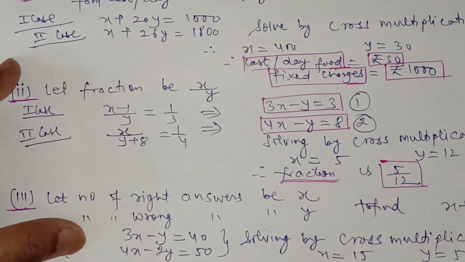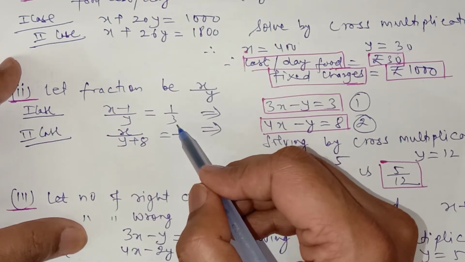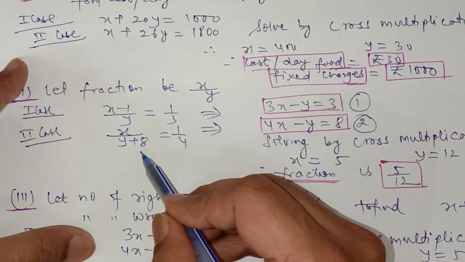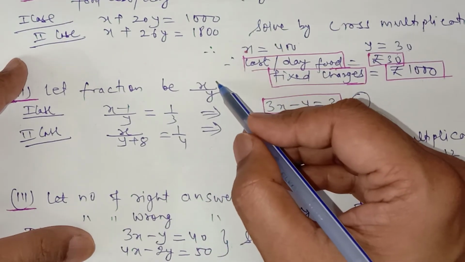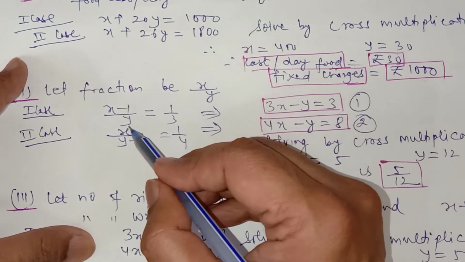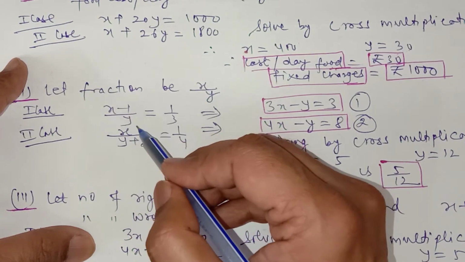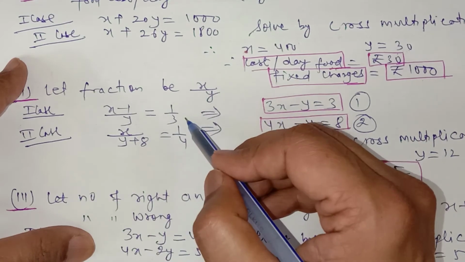Now in the second part of this question, there is a fraction. When we subtract 1 from the numerator, we get the fraction as 1 upon 3. And when we add 8 to the denominator, it comes out to be 1 upon 4. So let the fraction be X upon Y. According to the first case, if we subtract 1 from the numerator, it becomes X minus 1, and we do nothing in the denominator. So X minus 1 upon Y is equal to 1 upon 3.